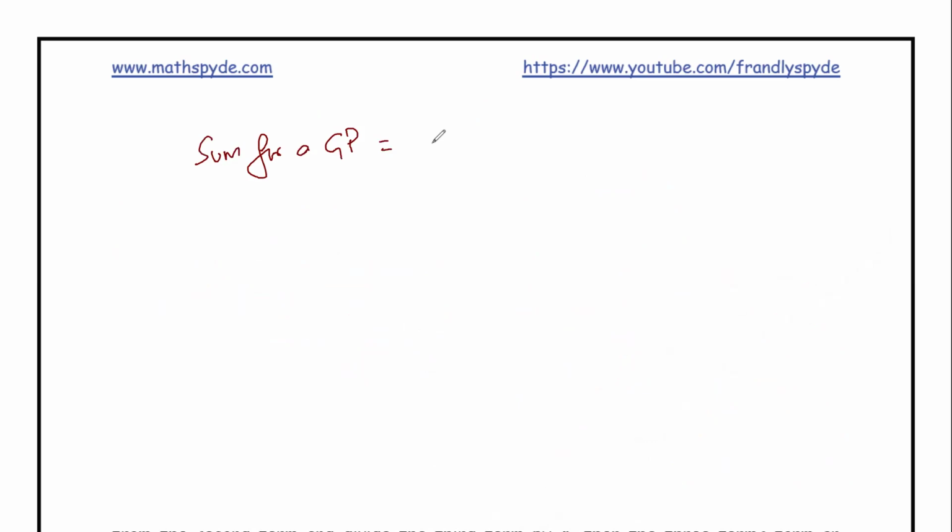So the sum is A, the first term, and there'll be a ratio 1 minus R upon 1 minus R raised to N, like this. Okay.